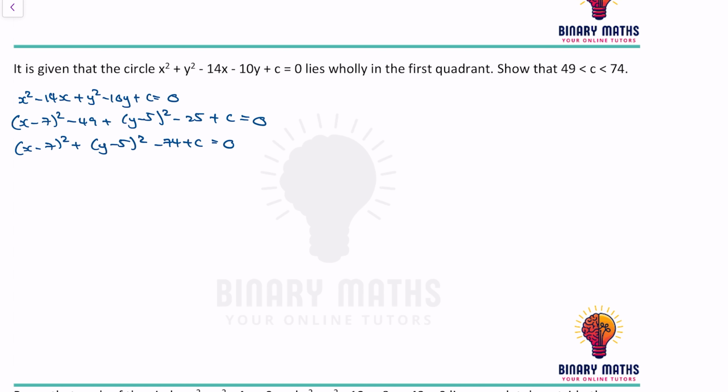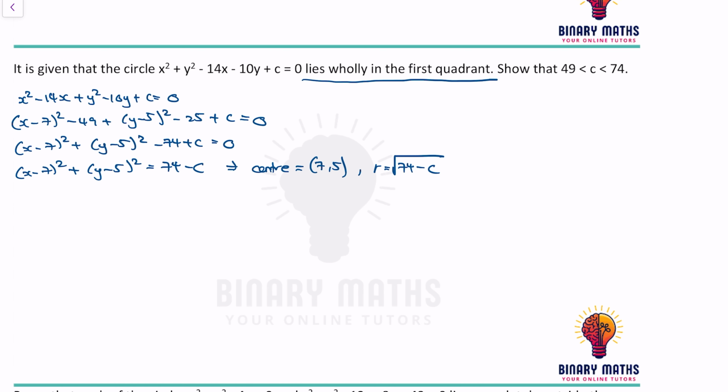If I take the constants to the right hand side, I end up getting (x − 7)² + (y − 5)² = 74 − c, which implies the center is (7, 5) and the radius is root of 74 − c. Now it says that this circle lies wholly in the first quadrant. So if I were to draw it out, then my circle center is (7, 5).